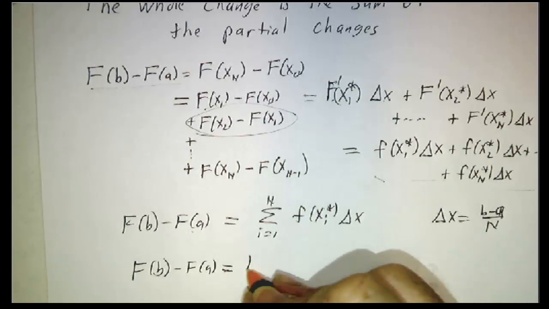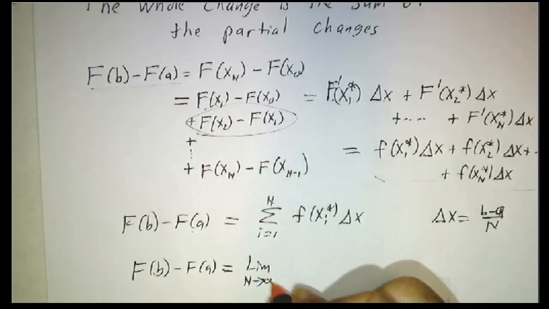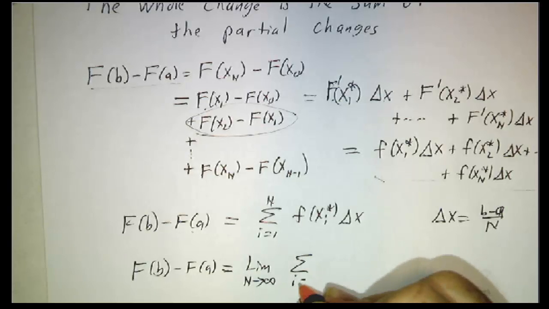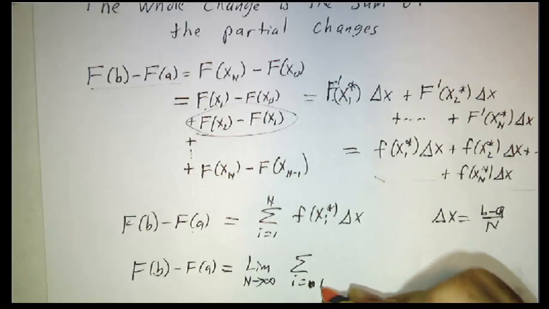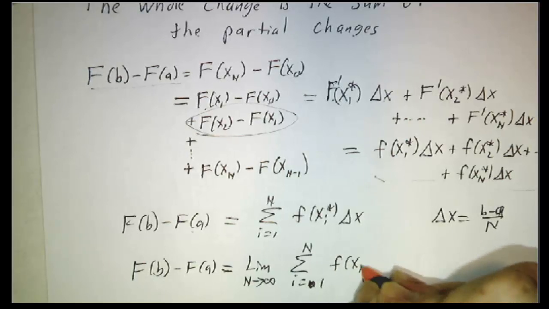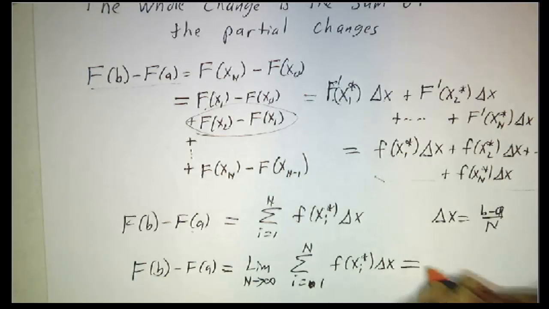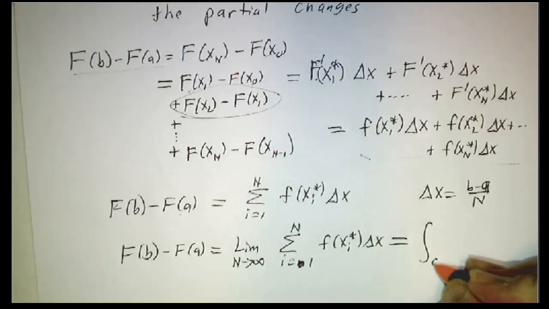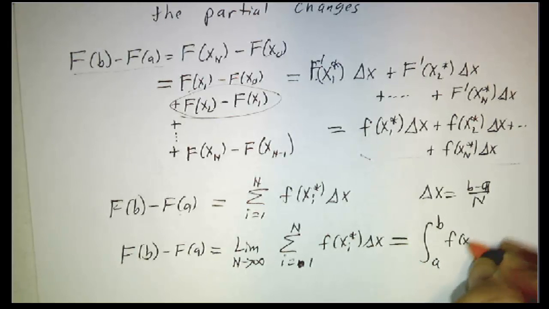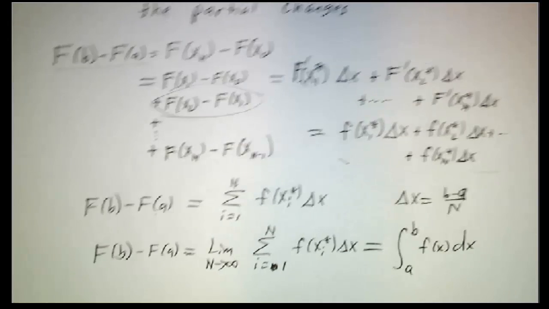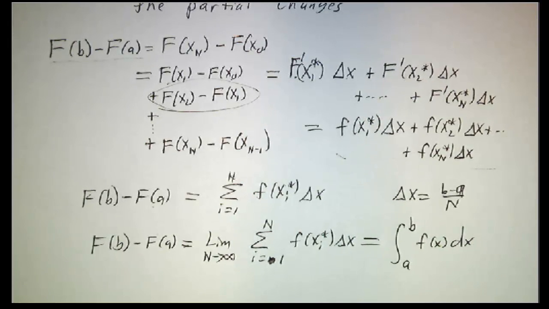And that is the limit as n goes to infinity of this sum, i equals 1 to n of f of xi star times delta x. By definition, that is the integral from a to b of f of x dx. So that's the fundamental theorem of calculus. A definite integral can be evaluated by finding an antiderivative and plugging it in at the endpoints. If you know antiderivatives, you know how to do definite integrals.